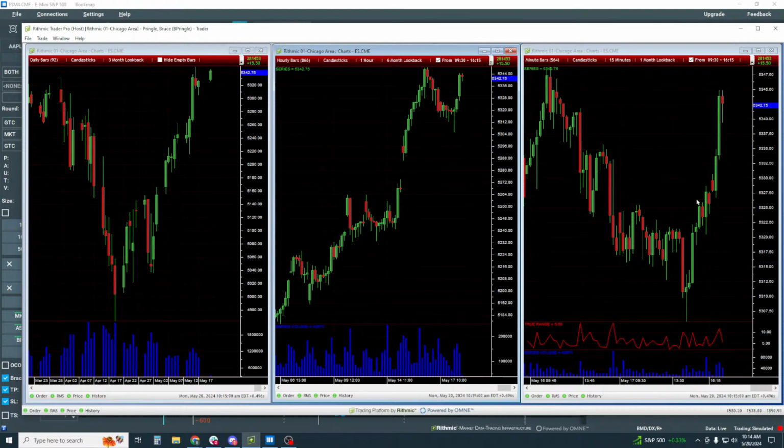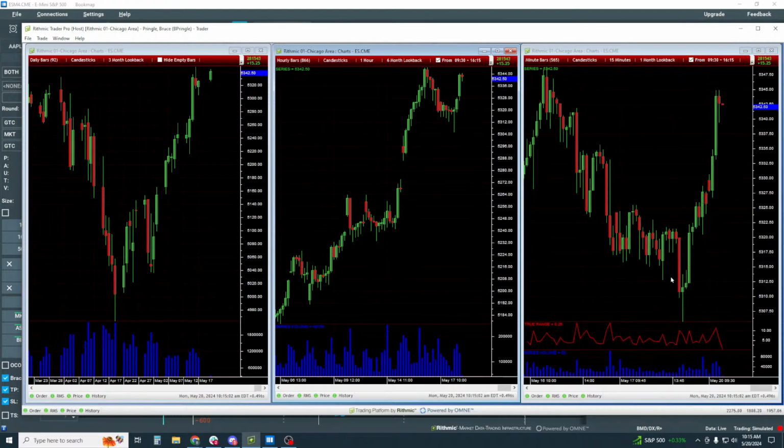15-minute chart on the right. Here's the pivot right here, where buyers took control of the market. Here's our 10 o'clock, and here's our 9:30. We opened up above all of this action in here.